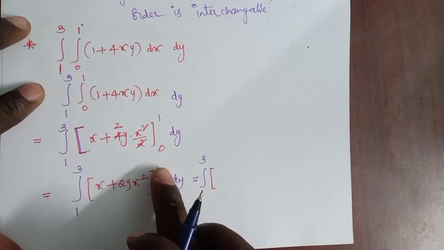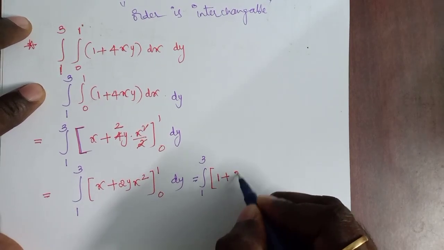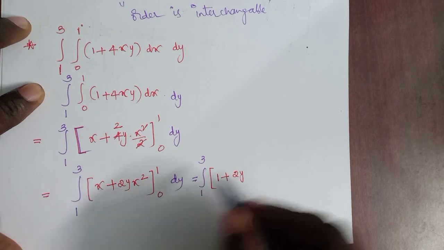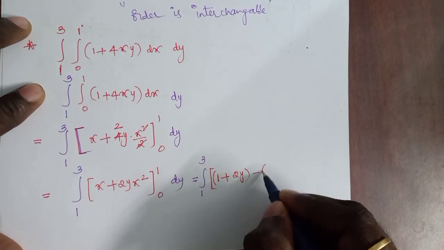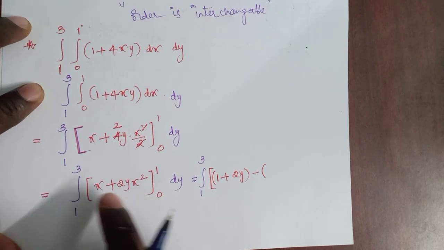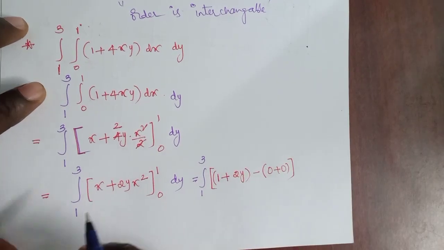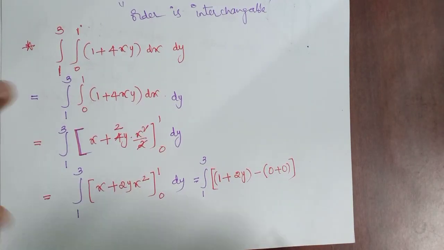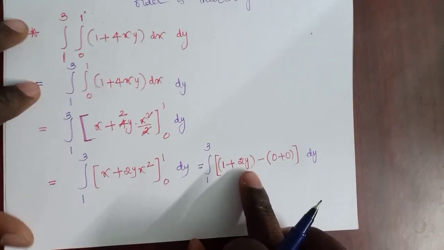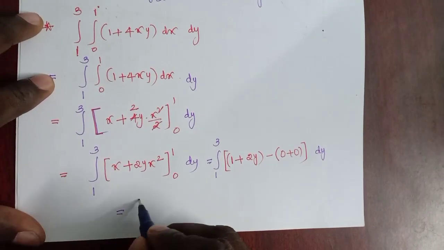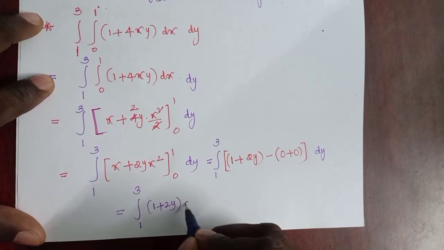Finding the upper boundary, substitute: 1 plus 2y into 1 is 1 plus 2y, minus, now substituting the lower boundary, 0 plus 0 is 0 clearly. Now what we get finally is 1 plus 2y. The remaining thing is integration of 1 to 3, 1 plus 2y dy.